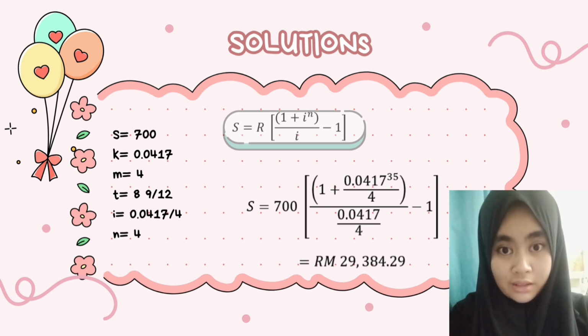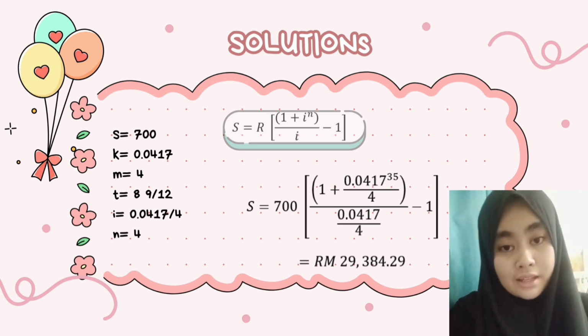To find the i, K over M. Then put the value, so it will be like this, 0.0417 over 4. Then to find the n, M multiplied by T, which is 4 multiplied by 8 and 9 over 12. Now, substitute into the formula.